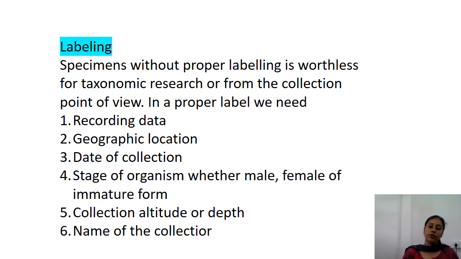Then the geographical location: we must know the geographical location where those organisms are collected, and we have to label it. Then we have to label the date of collection, then the stage of the organism, whether it is male or female or in immature form. Then the collection altitude or depth should be noted, and finally the name of the collector must be noted there.